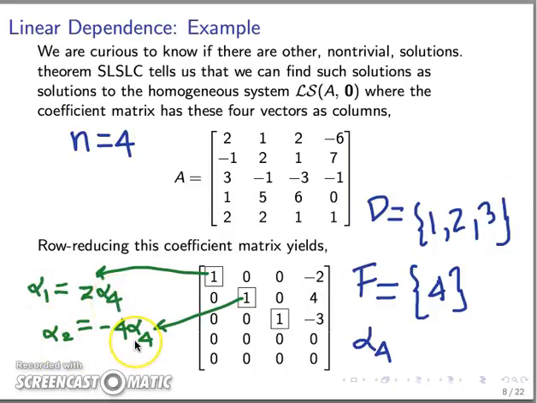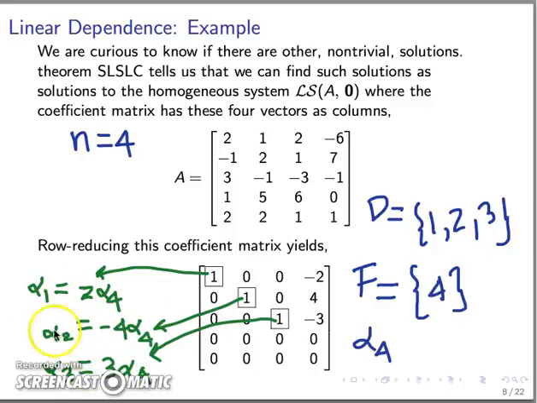We find also another expression for alpha 2, and the third row there would tell us, this row would imply that alpha 3 minus 3 alpha 4 equals 0, which implies that alpha 3 equals 3 alpha 4.